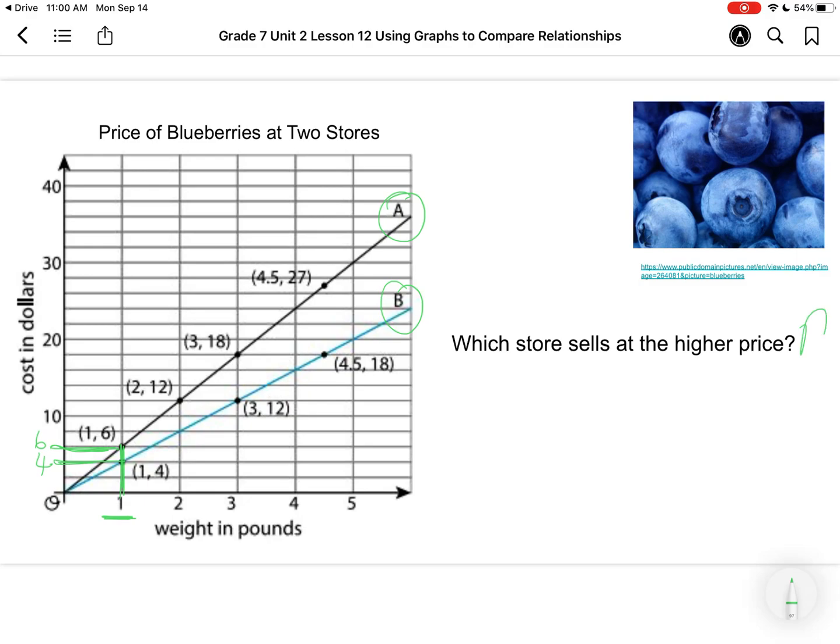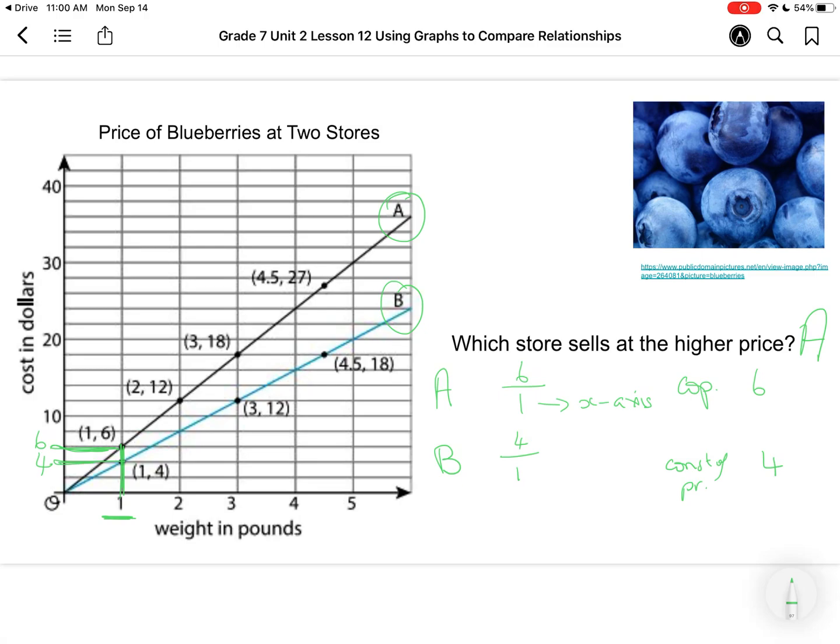So the higher price is store A. And let's look at the constant of proportionality. So A, $6 per 1 pound, where the pounds is in the x-axis. So the constant of proportionality is 6. And store B, $4 per 1 pound. So the constant of proportionality is 4.